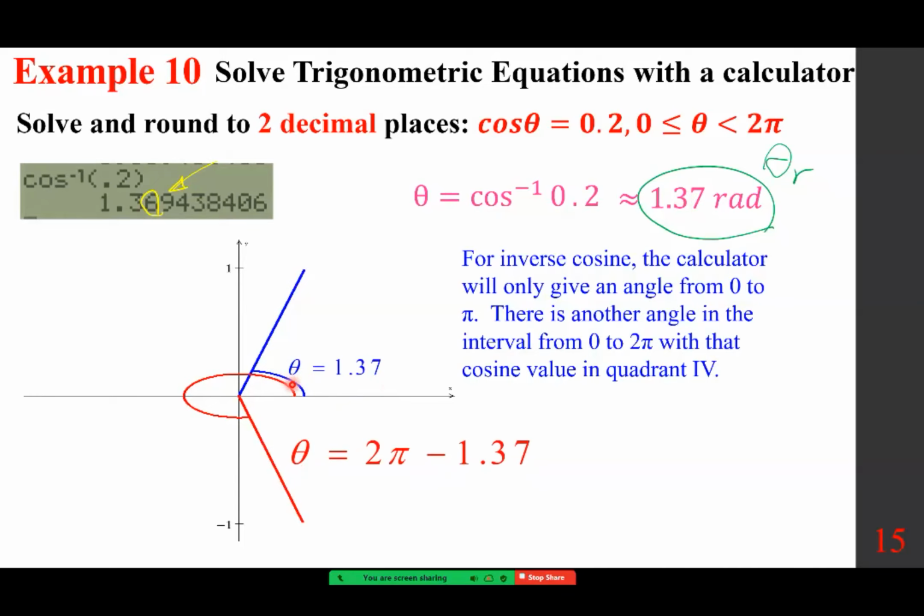And this red angle is 2 pi minus 1.37. And now you use a calculator and two decimals, and it gives you 1.37. And this one gives you 4.91. So if it's not a common arc and you're using your calculator, you should be able to figure out the second one in this manner.